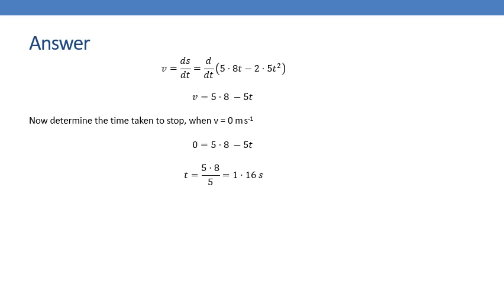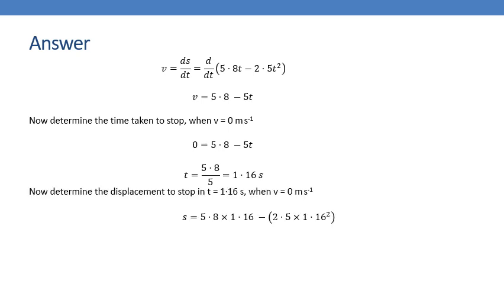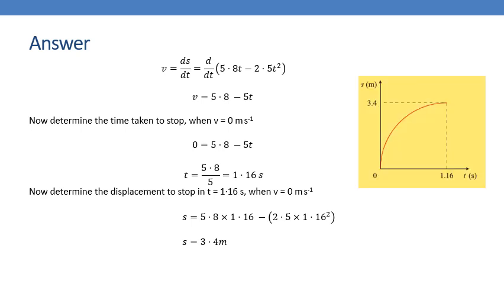So there's our time. Then we need to know, well, how far has it gone in that time? What is its displacement? So back to our original function, 5.8t minus 2.5t squared. Substitute in those numbers and we see it's gone 3.4 meters. We're then in a position where we can plot the graph because we have the 2 points. We might have to think about what it's going to look like between the 2 points, because we would have this point at the top on our graph here.